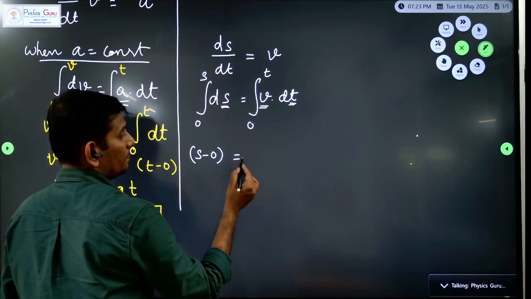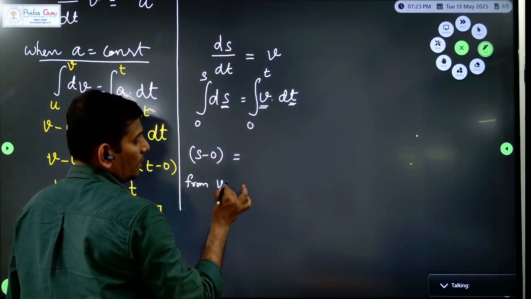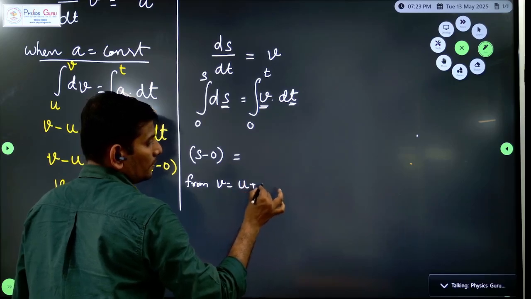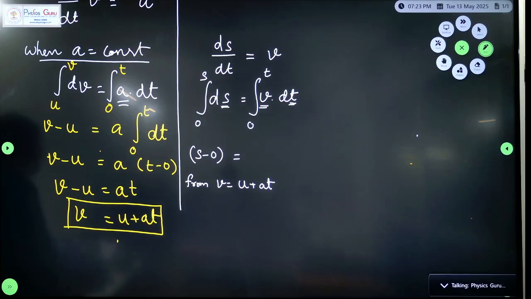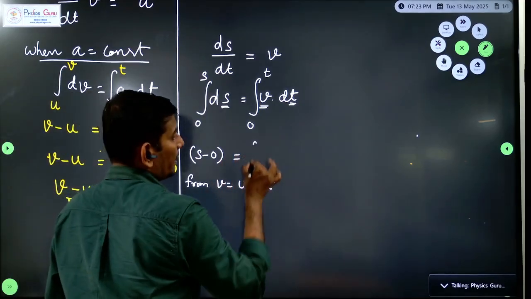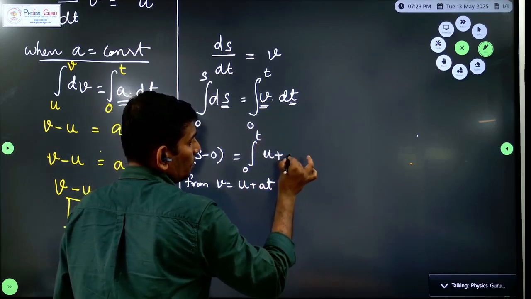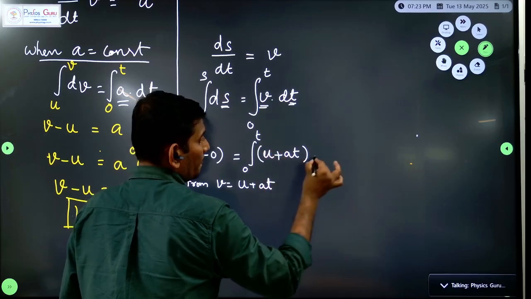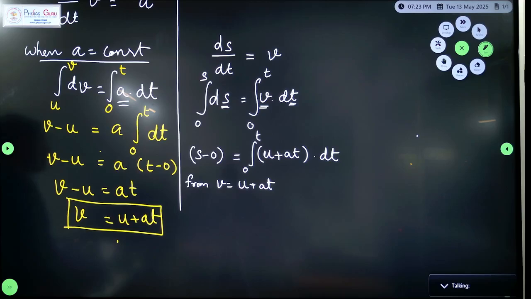From velocity is equal to u plus at, I can integrate it from 0 to time, u plus at dot dt. Got it?